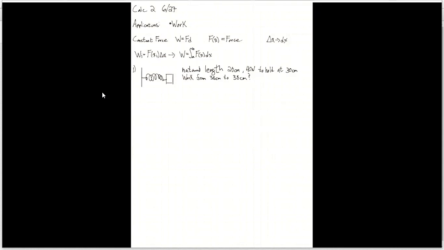If you need to refresh, the beginning of the section talks about Hooke's law, so look at that. I'll talk about it in just a second.